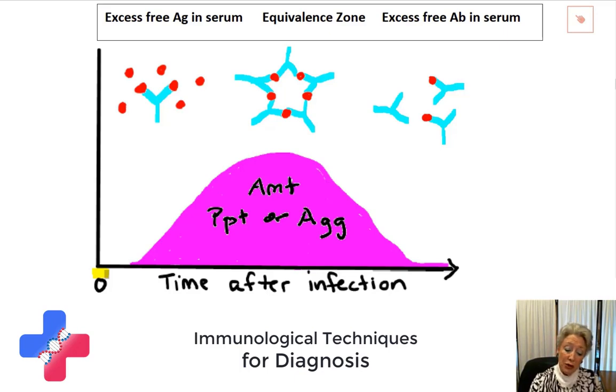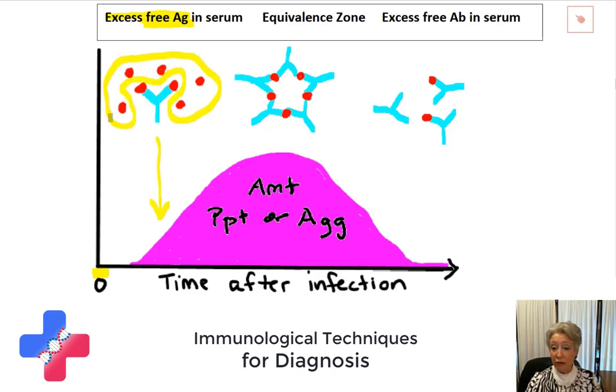So I would say that during that first 10 days or so, my patient would be in a period of free antigen excess, because the molecules that are bound together, the antibody binding to antigen, would indeed be cleared out in the spleen.